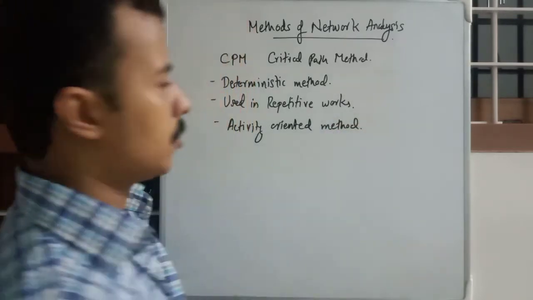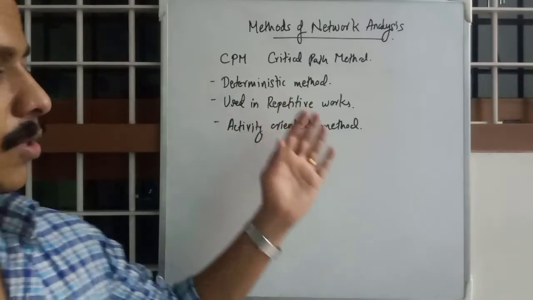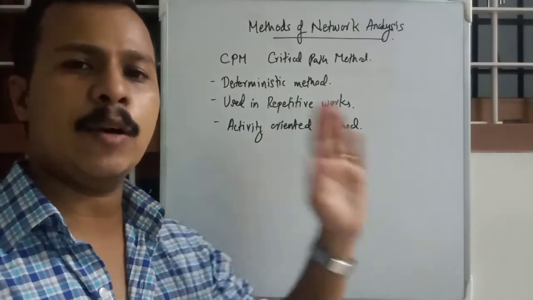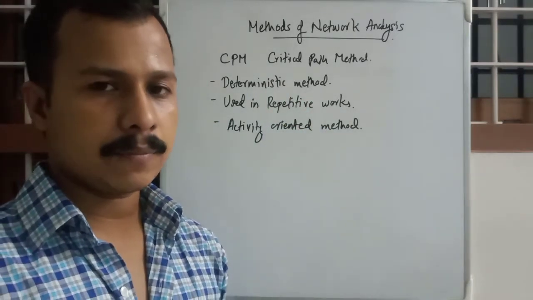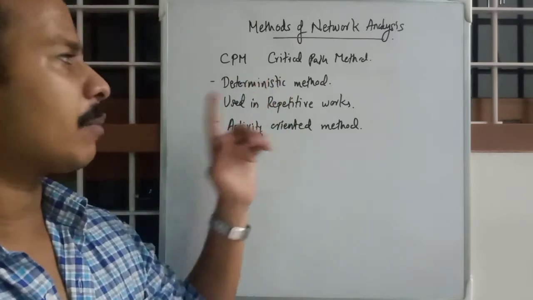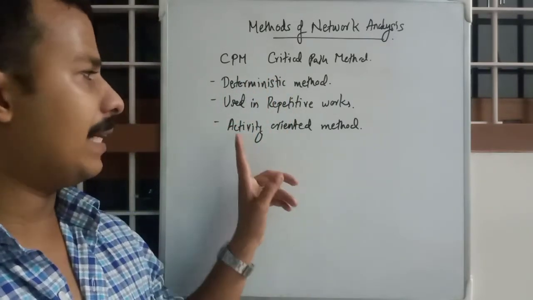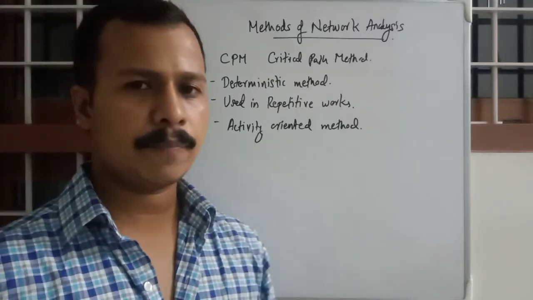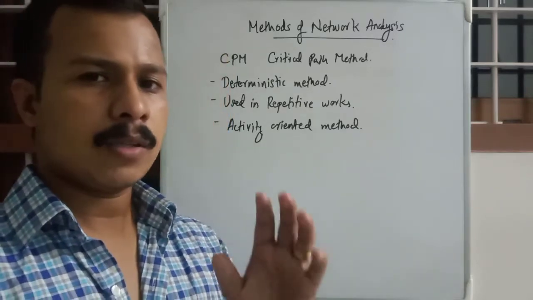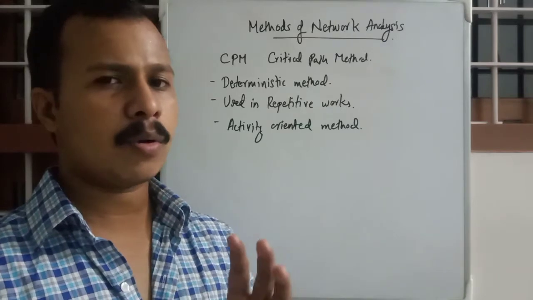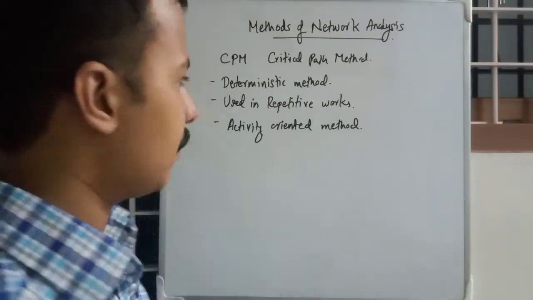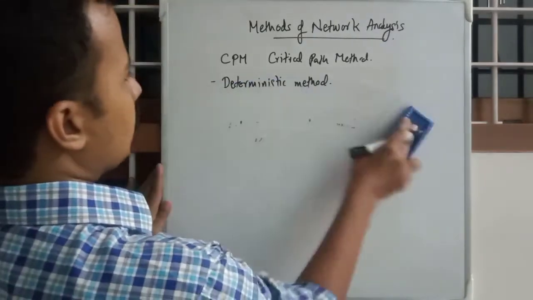All these characteristics will be exactly opposite for PERT. So CPM is a deterministic method used in repetitive works and is activity oriented. There are some more characteristics for CPM, but for the time being we are concentrating on the next topic, event times.